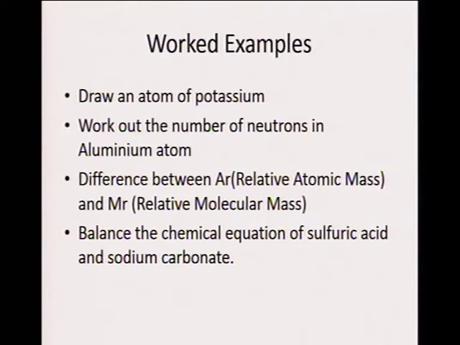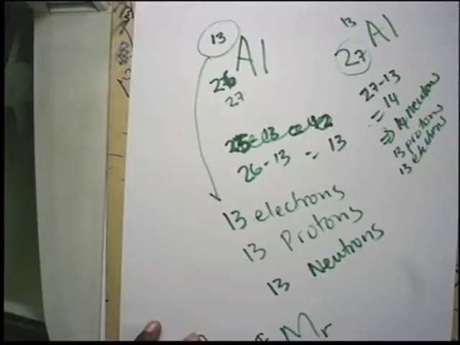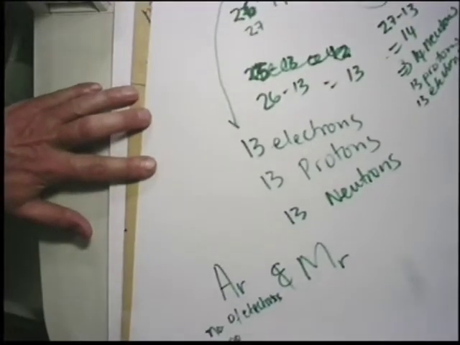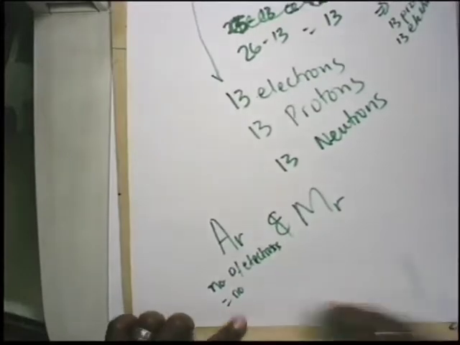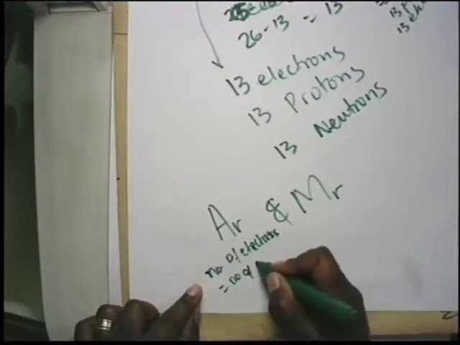The relative atomic mass is equivalent to the number of electrons, which is also equivalent to the number of protons.